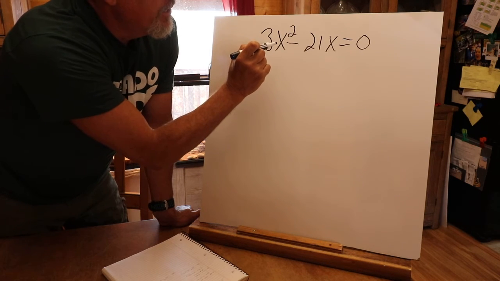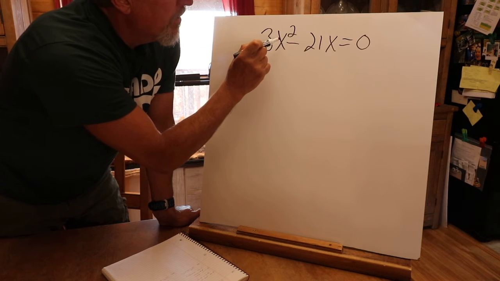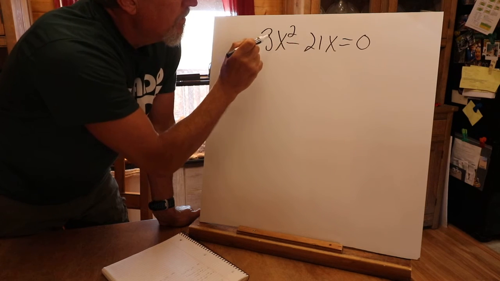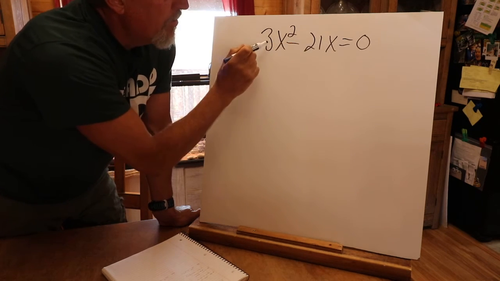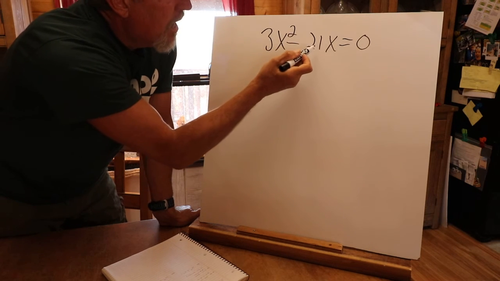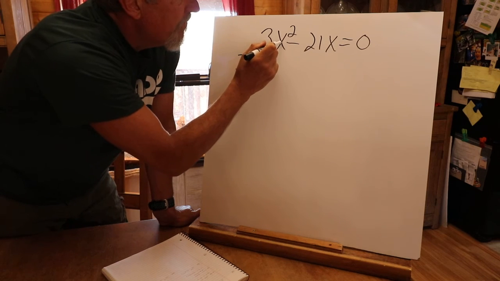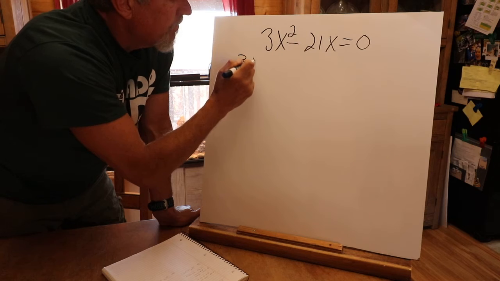So what I need to do is I need to factor out everything I can, but remember, these both have x's, they both have numbers, and they're both divisible by 3. So when I slide something to the front, I can take a 3 out of each one of these. They each have an x to give. I'm going to take an x out.